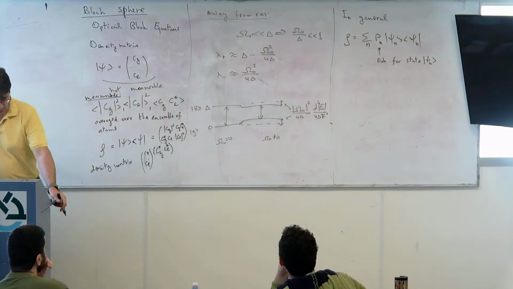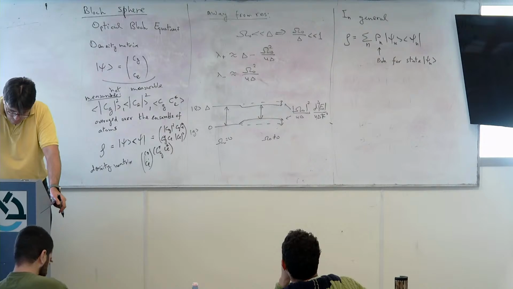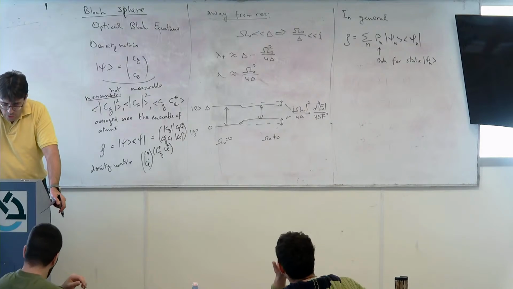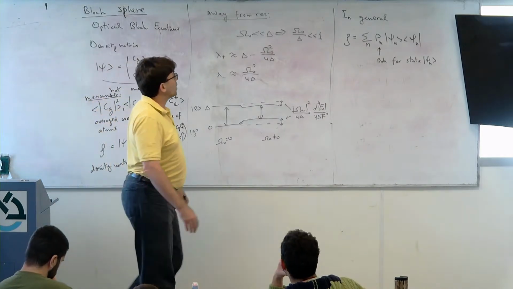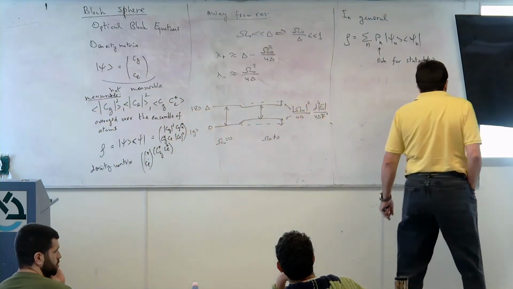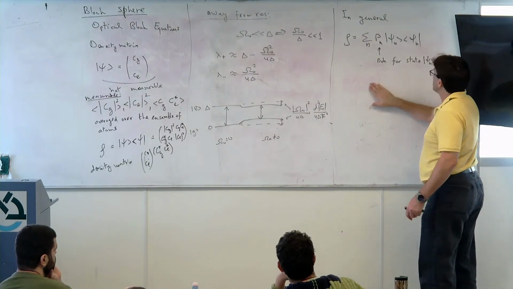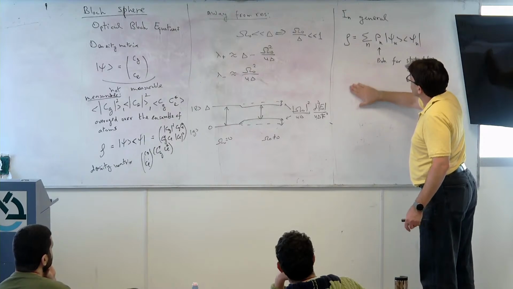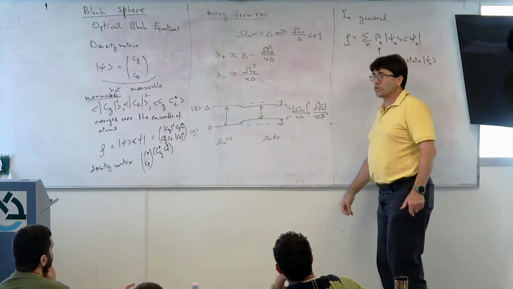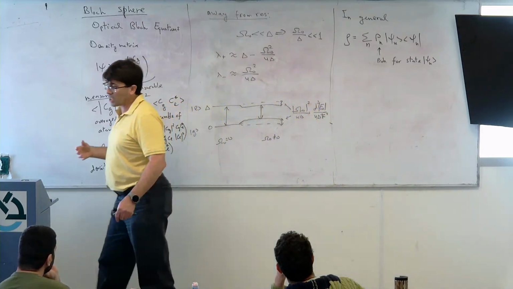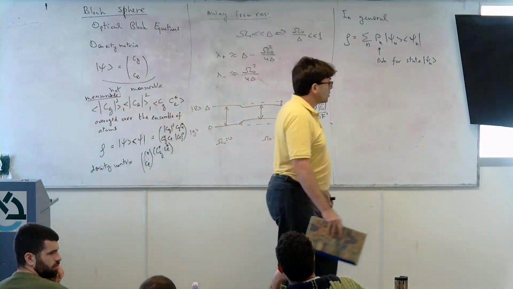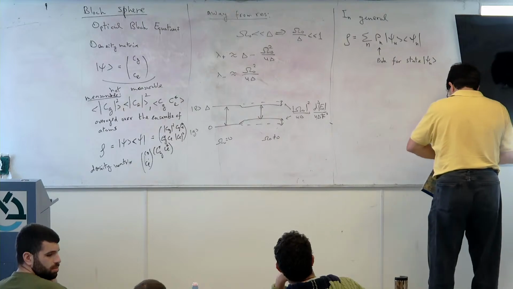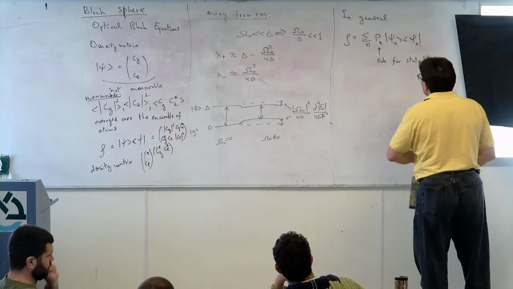Now, the density matrix is an extremely important tool in theoretical physics, and I'm going to do it a great disservice in that I will not say anything about all the things that you could do with the density matrix and are very, very useful in theoretical physics.